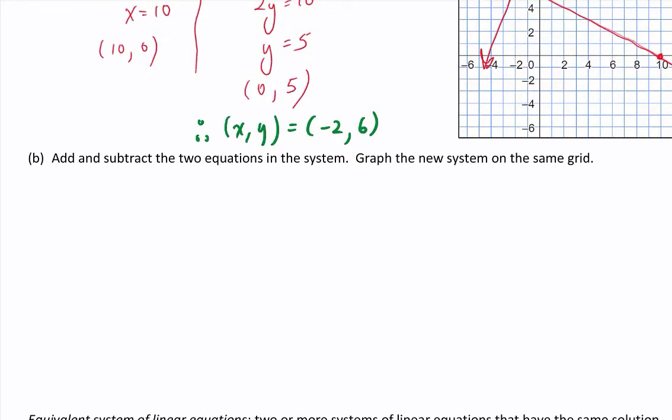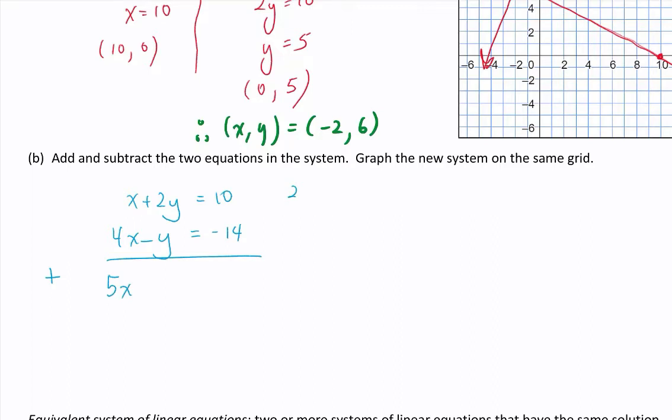We're going to take our two equations, x plus 2y equals 10, and add it to 4x minus y equals negative 14. So I'm going to put a little plus sign here to remind myself that I'm adding these two equations. And we add them column by column. So 1x plus 4x gives me 5x.